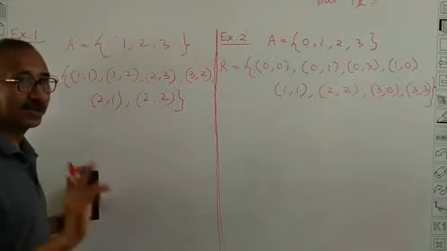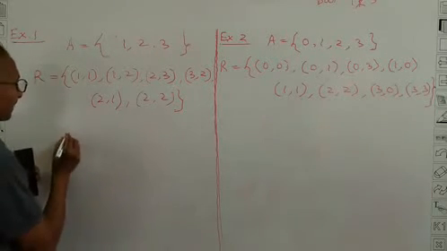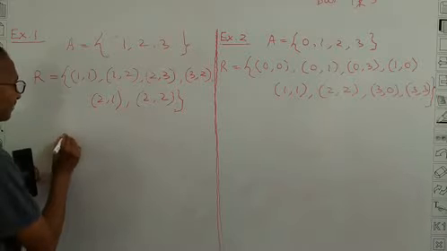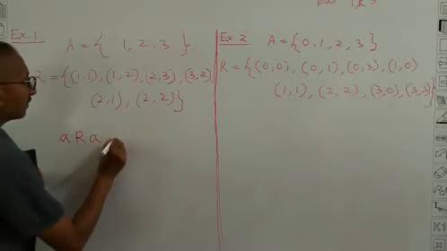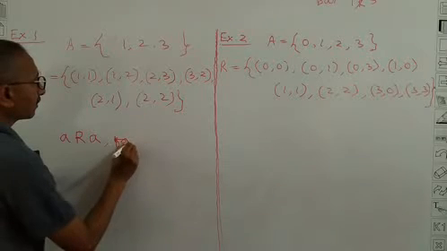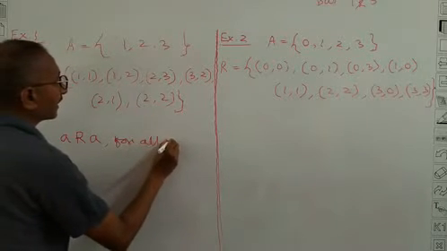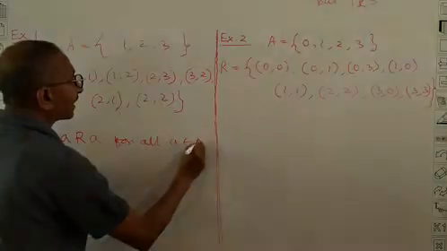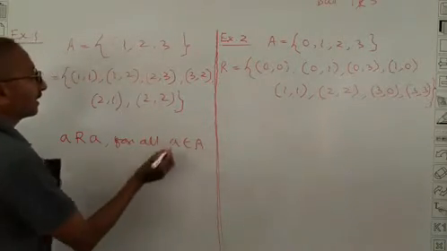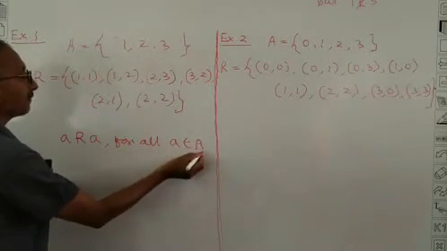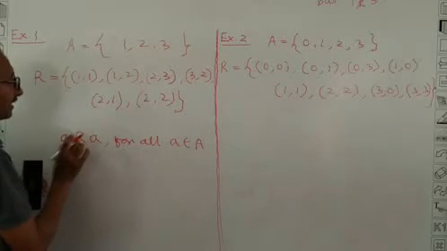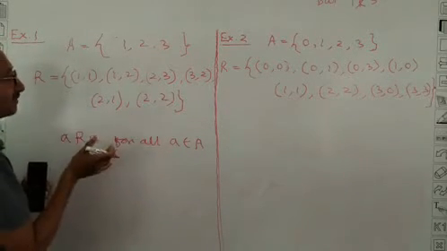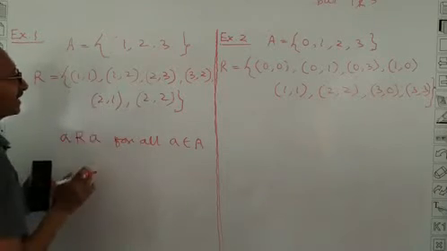The definition: a relation is said to be reflexive if A is related to A for all A belonging to A. If every element is related to itself, then we say that it is a reflexive relation.